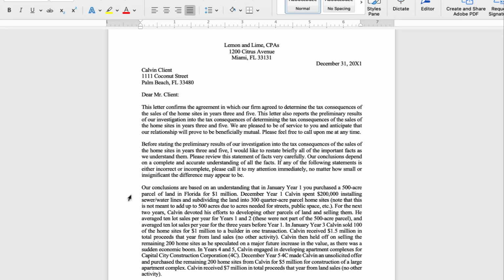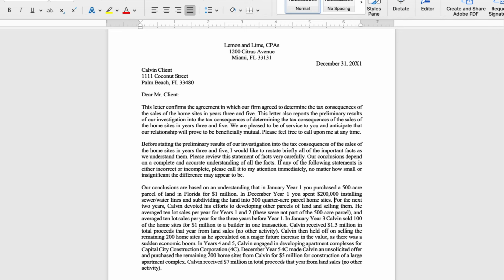Also, another thing is that just as December 1st, Calvin spent, we'll change that to put in December of year 1, you spent $200,000 installing sewer water lines and subdividing the land into 300 quarter-acre parcel home sites. Note that this is not meant to add up to 500 acres due to the acres needed for streets, public space, etc. We can take that out, that last parenthetical, because that was in there to help us understand what was going on. Okay?